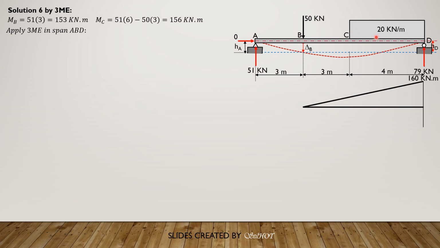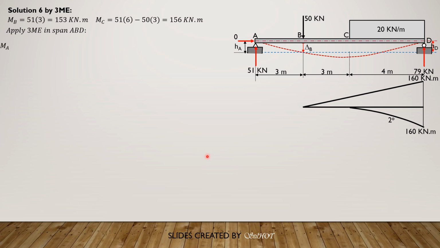But first, we need to compute the moment of the 20 kilonewton load. With the second degree, 20 times 4 squared over 2 is 160, so we put this 160 kilonewton-meter there. Because this is 160, that should also be 160, because the moment at D is 0, because that's a roller support, simply supported.